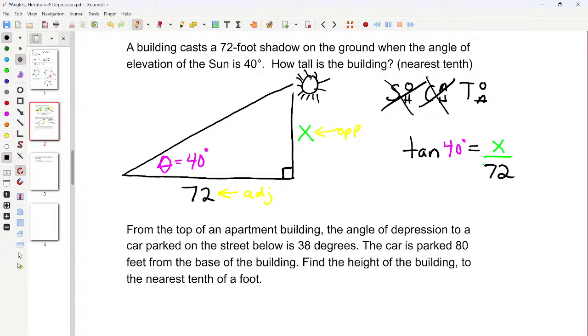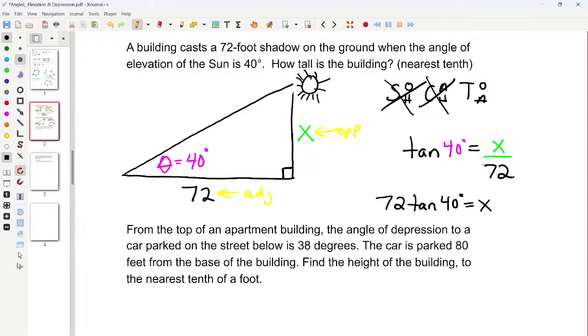And now we're moving. As scary as this looks, we're simply going to do what to both sides? Multiply both sides by 72. So you get 72 tangent of 40 degrees is X.